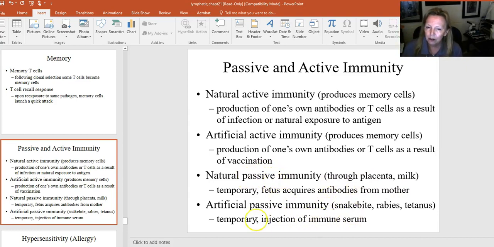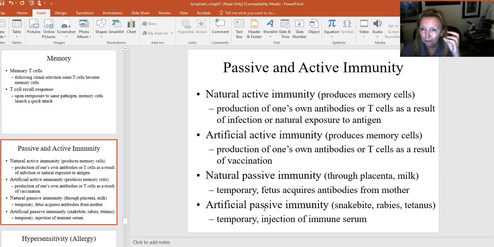But there's also something called artificial passive. And this is where, if you get exposed to something that we know has an incredibly high mortality rate, like rabies, which is essentially 100% fatal, or tetanus going untreated, or certain antivenoms, and even hepatitis B virus, they're going to give you immunoglobulin just as a shot to help boost your protection and get you through.